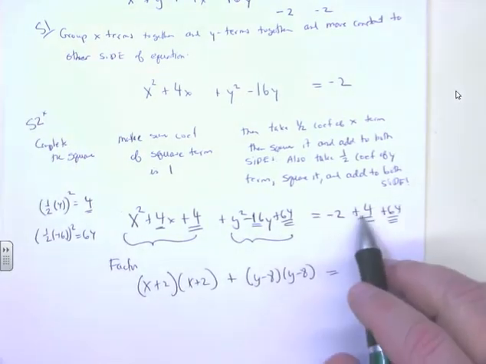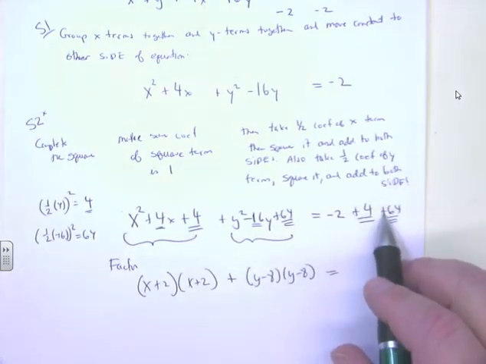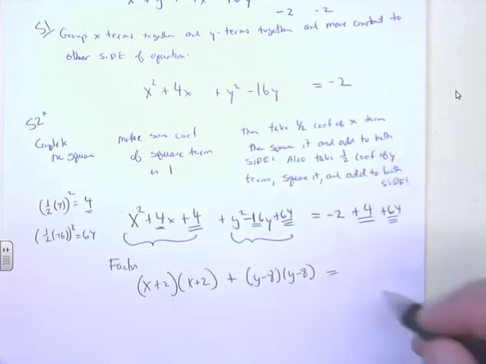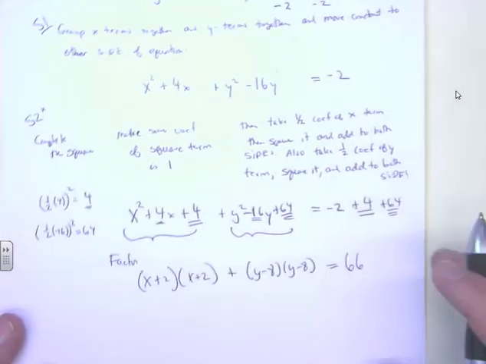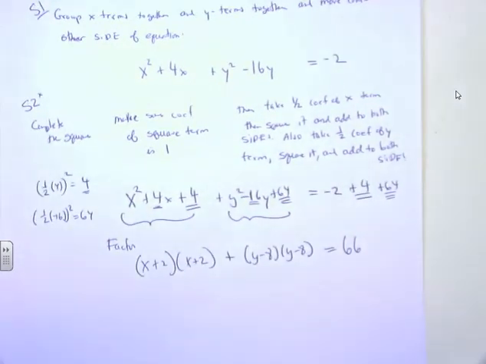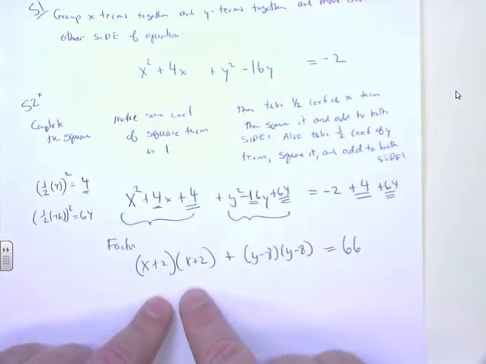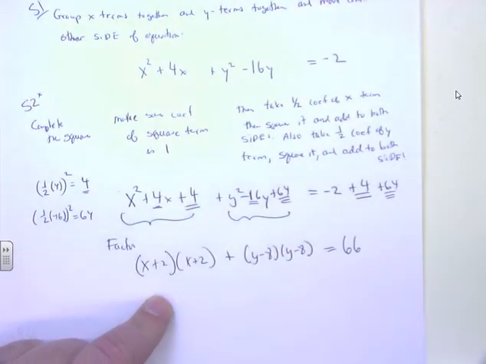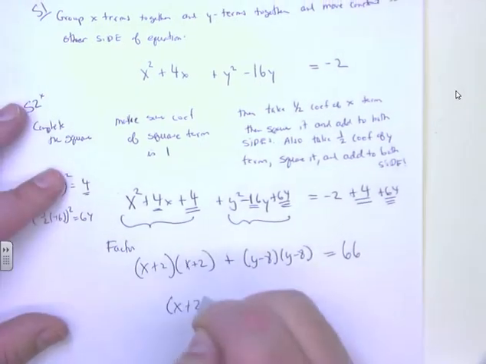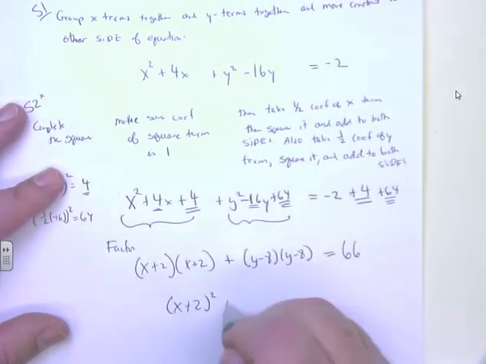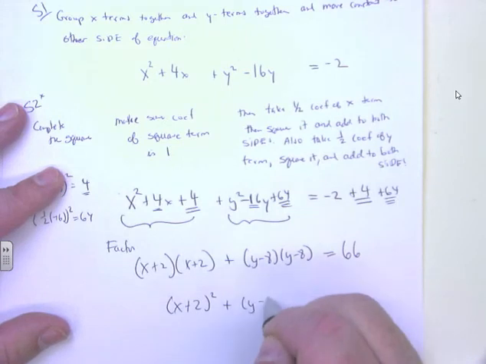What is minus 2 plus 4 plus 64? 66. I can promise you good numbers on this stuff. But notice something. When you complete the square and factor, you always get the same term squared. That's what we mean by complete the square. It'll be what we call a perfect square. It is x plus 2 squared. Plus, look at the y's. It is y minus 8, quantity squared, perfect square, equals 66.